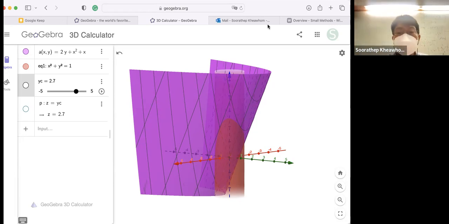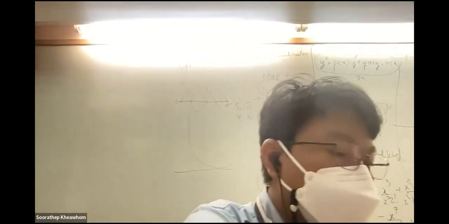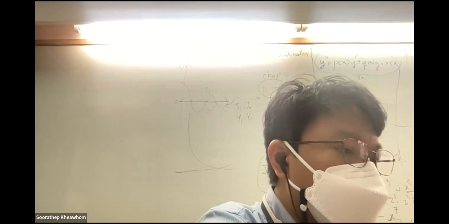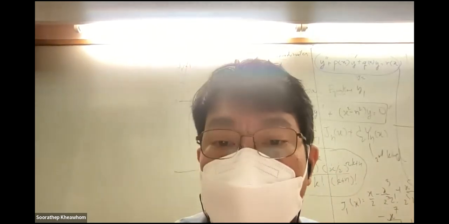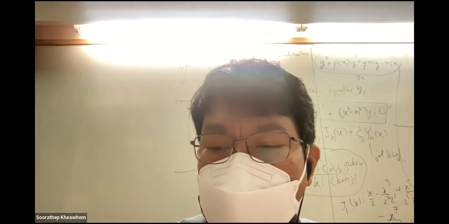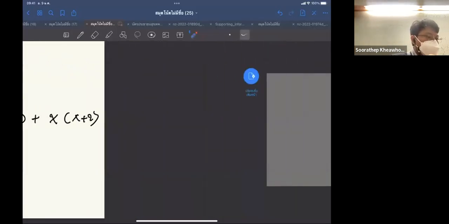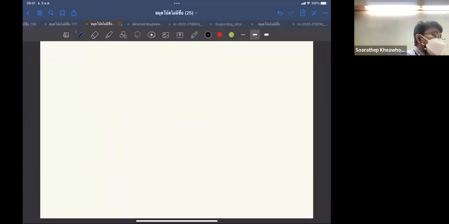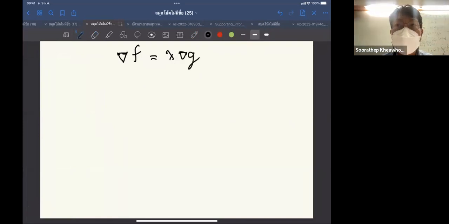So what we have is the gradient of f must be parallel to the gradient of the constraint, where f is our objective function and g is our constraint.